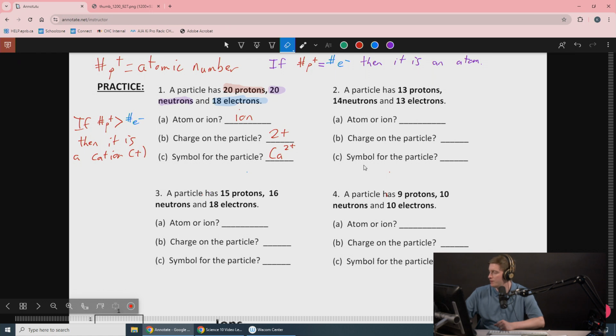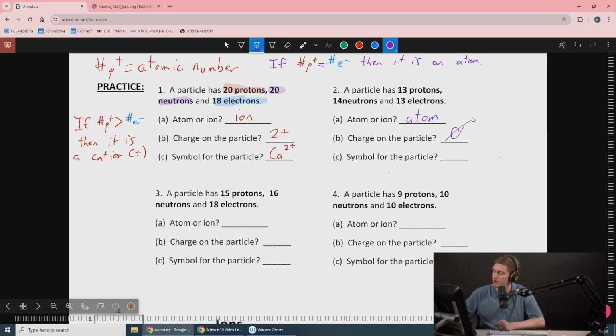If you look at the next one, a particle has 13 protons, 14 neutrons, 13 electrons. The number of protons and the number of electrons is the same, so this is going to be an atom. Atoms have no charge.